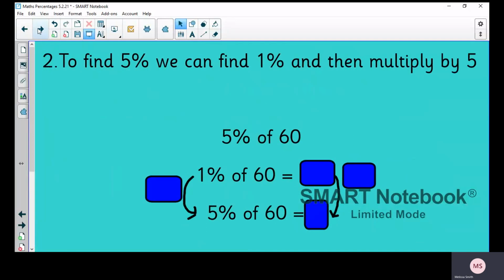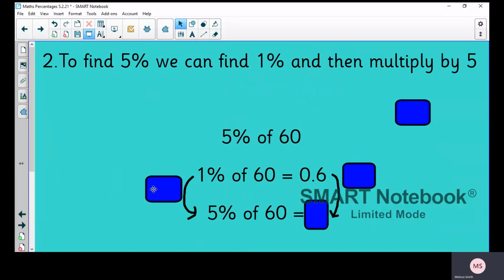Another way that you could do this is find 1% of the number and then multiply by 5. So how do we find 1% of a number? Well, you already know that we divide by 100. So what is 1% of 60? 0.6. Now, what do I need to multiply 1% by to get 5%?